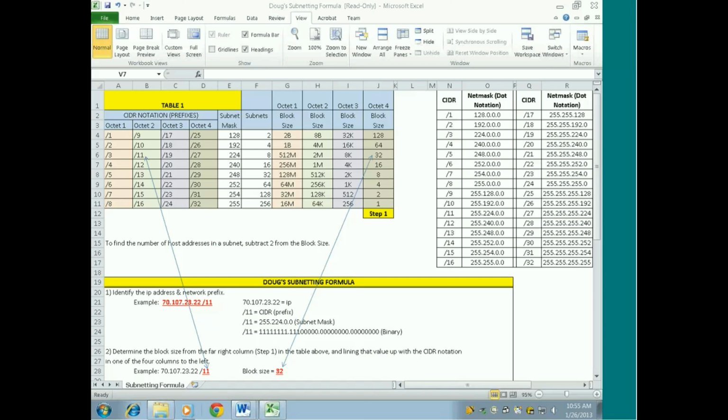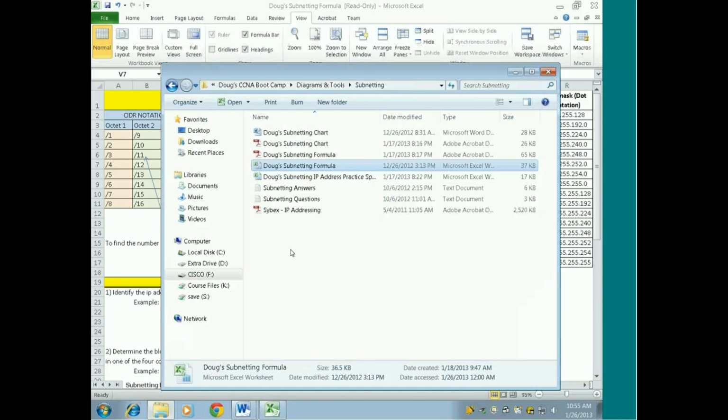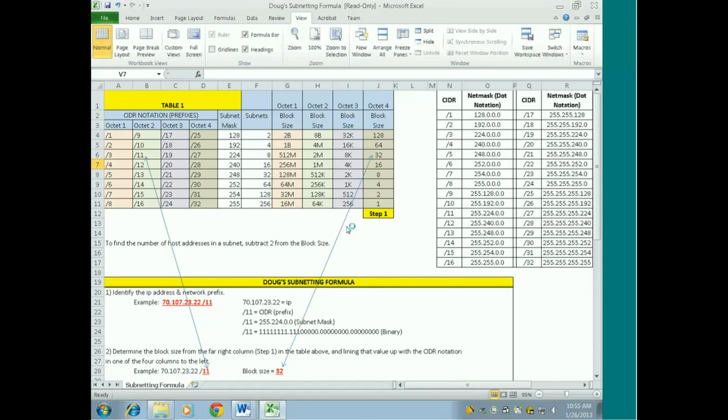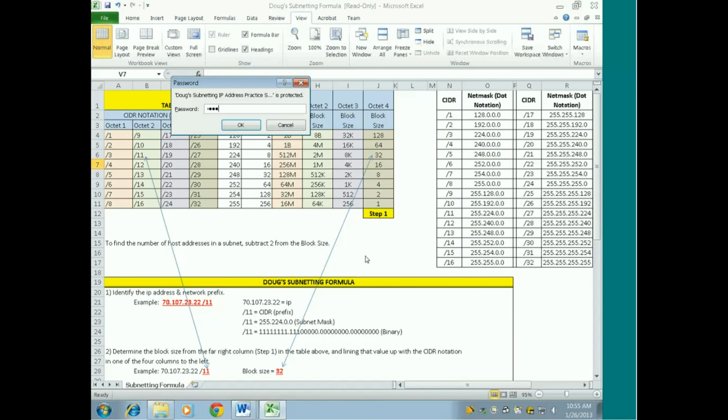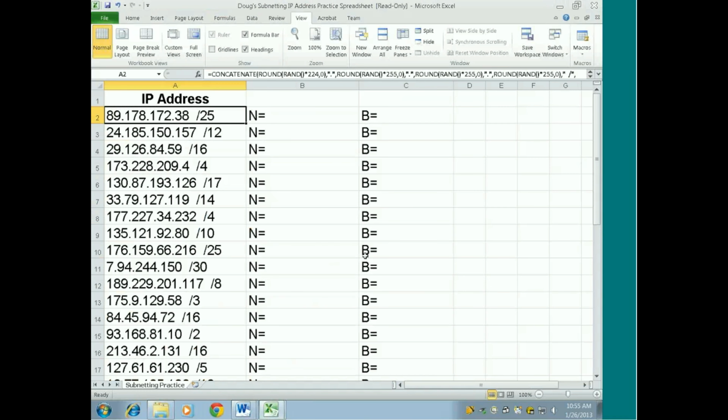Subnetting formula. This week, what you're going to do is take Doug's subnetting IP address practice spreadsheet, and you're going to open it. Doug Lab Cisco, right? And it's going to randomly create a list of IPs and prefixes.